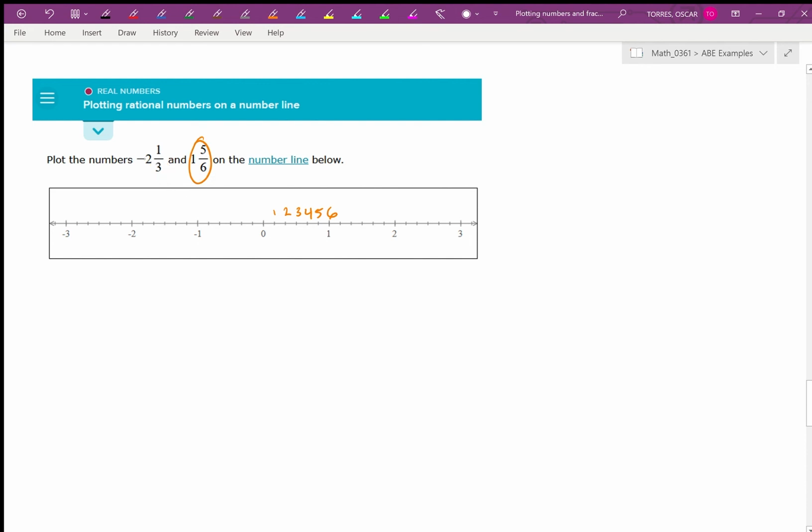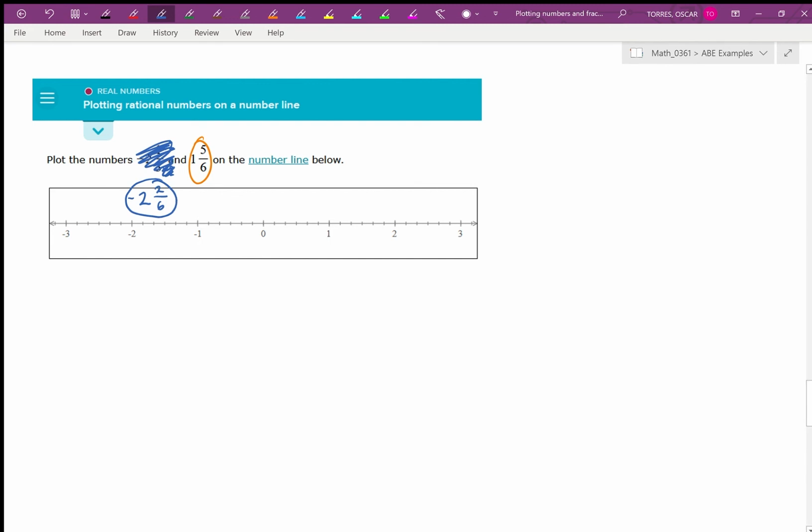But we want to turn this 3 into a 6 for this other number. How do we turn a 3 into a 6? We do that by multiplying it by 2. So we multiply both the bottom and the top by 2. This ends up leaving me with -2, and 1 times 2 gives me 2, 3 times 2 gives me 6. So we end up with -2 and 2/6, and that's the number that we want to plot.